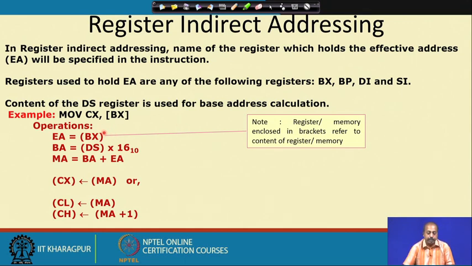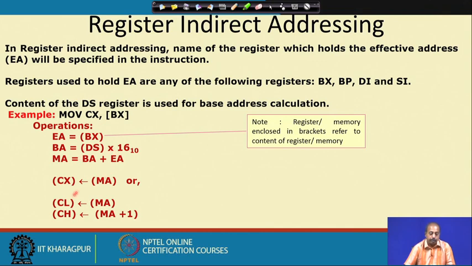Whatever the BX register is holding will be the effective address, and the base address is DS multiplied by 16. The actual memory address, the physical address that is generated, is this base address plus this effective address. They will be summed up and we will get the actual memory address.